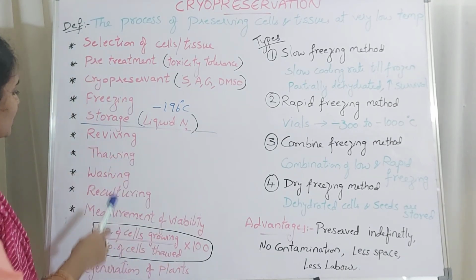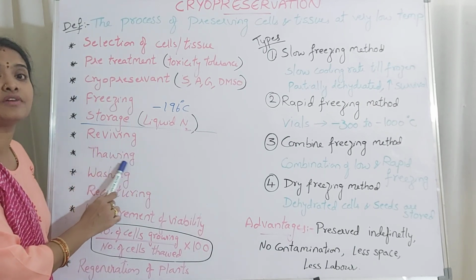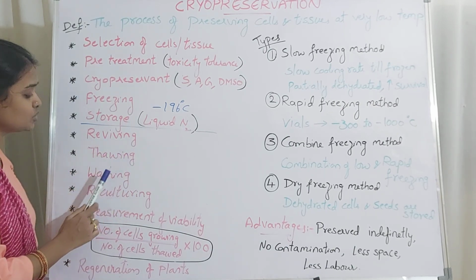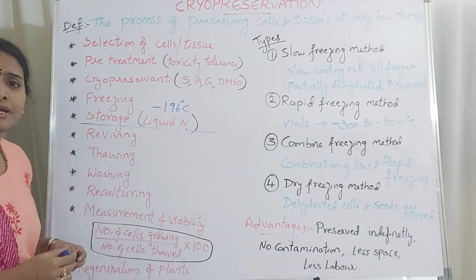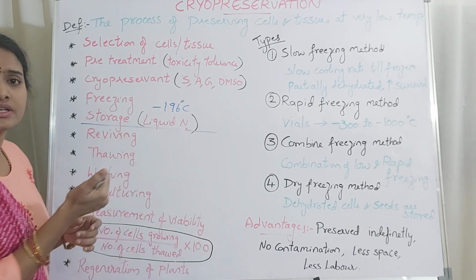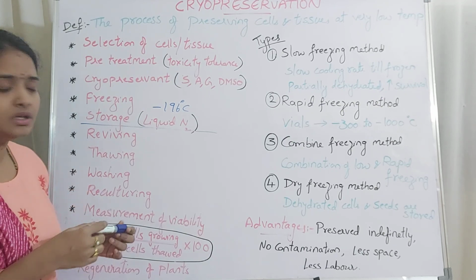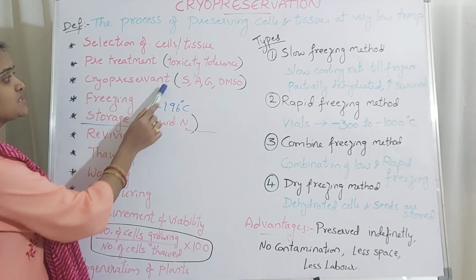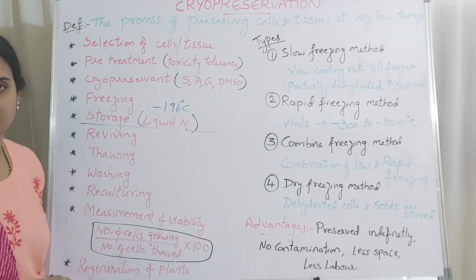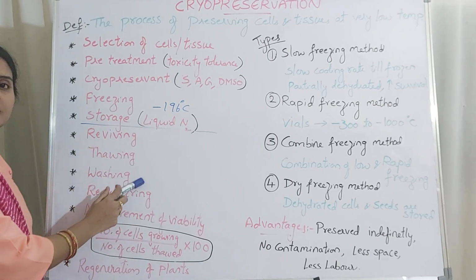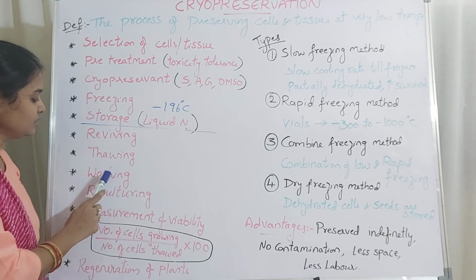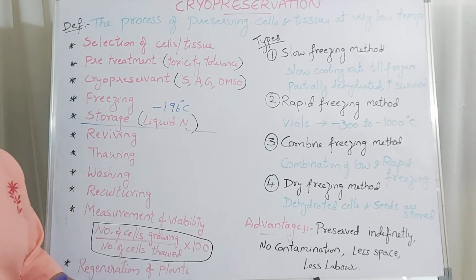So now once you have got the revived cells, you have to go for the washing process. By introducing the buffers or the water, you are going to wash off the preservatives whatever you have added. Right? Simply rinse them with the micropipette within the vial, and then you go for the reculturing process.